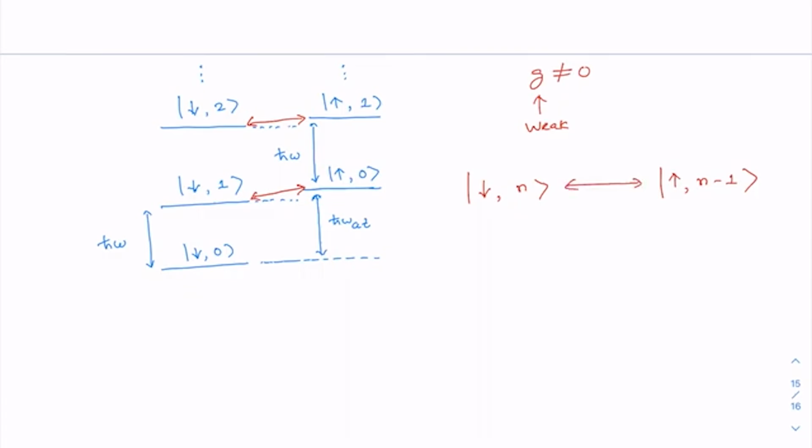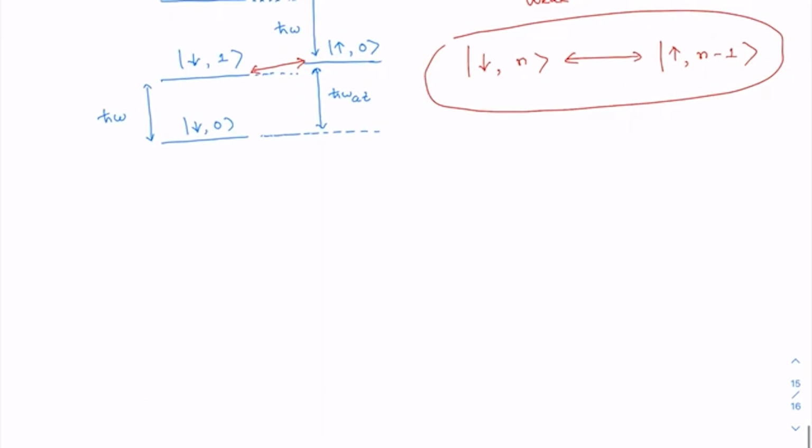And the matrix element in the James-Cummings Hamiltonian which connects these two states can be worked out very easily. So let me work that out.